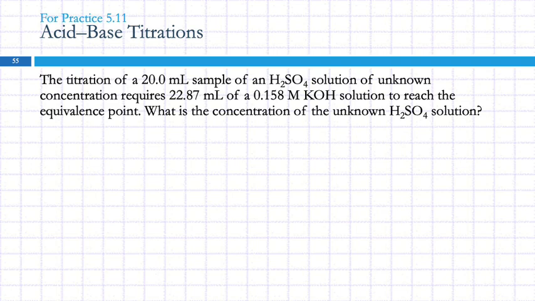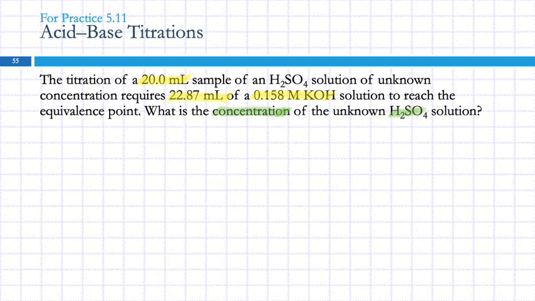So, you read through it, you go back, and highlight the numbers, right? So I've got 20 milliliters, and I've got 22.87 milliliters, and I have a concentration. Those are all the numbers. And then I'm going to look for the question words. What is the concentration? So we're looking for the concentration of H2SO4.